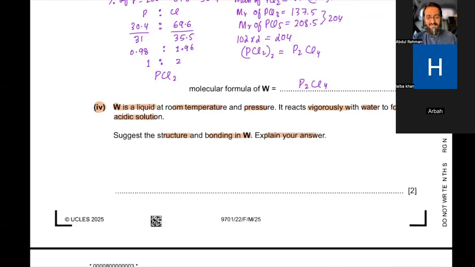And reacts vigorously. So it's a simple molecule as its melting point is low.